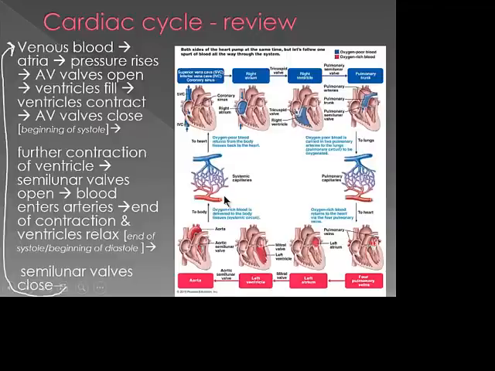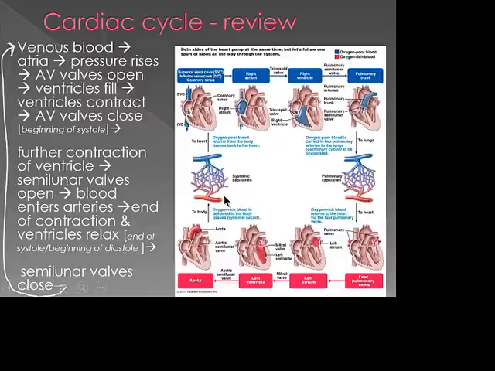So this is just again a little review about that. So venous blood goes to the atria, the pressure rises in both atria, AV valves open, causing the ventricles to fill, the ventricles contract. When they contract at the beginning of systole, first the AV valves close, then the rest of the ventricular contraction starts. Semilunar valves open, blood goes into the arteries.